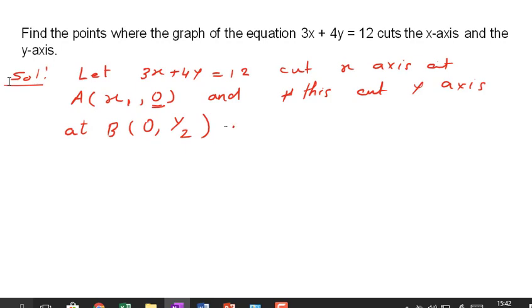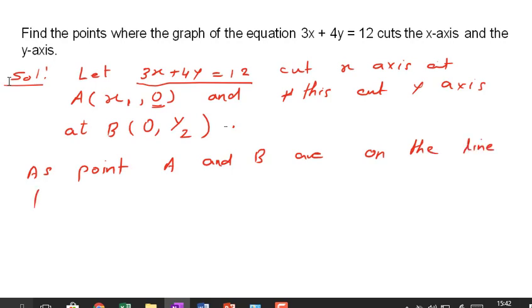Now as point A and point B are on the line 3x plus 4y equal to 12, they satisfy the equation of the line.